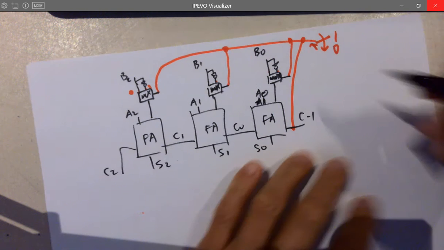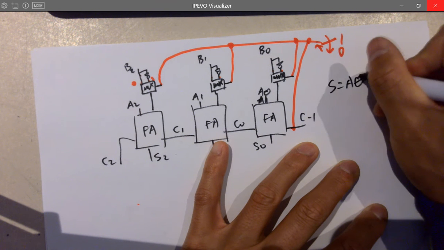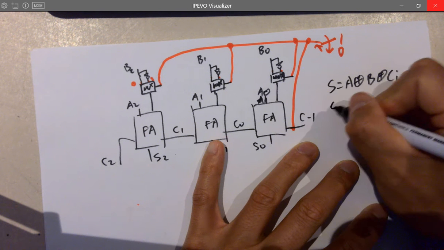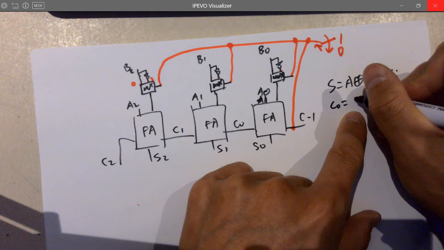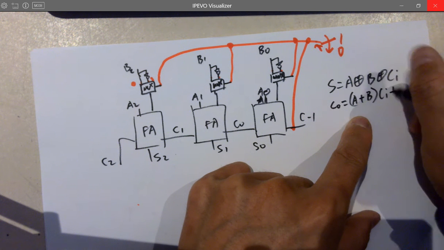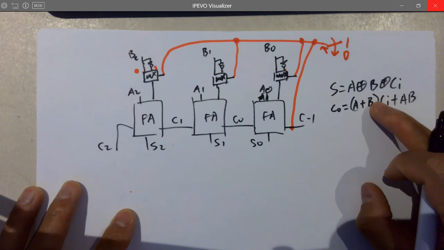So definitely remember the full adder logic. S equals A XOR B XOR CI, and CO, the final CO here, is A or B, CI or AB. So there are a lot of gates.